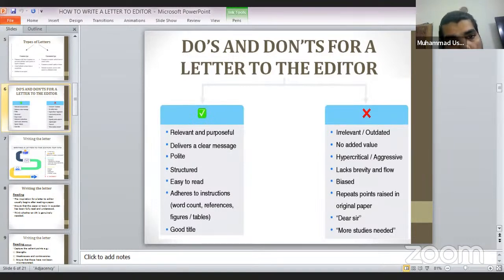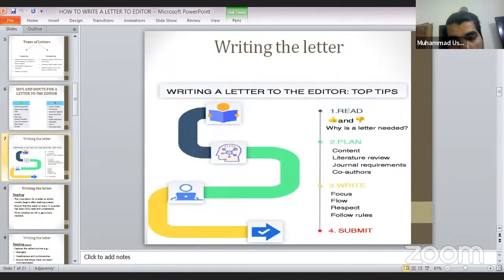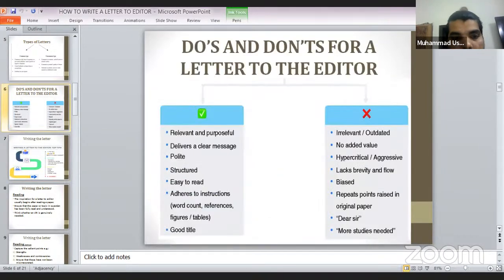You should not be scornful, or involve any personal battle while using this type of medium. It should be well structured and easy to read.